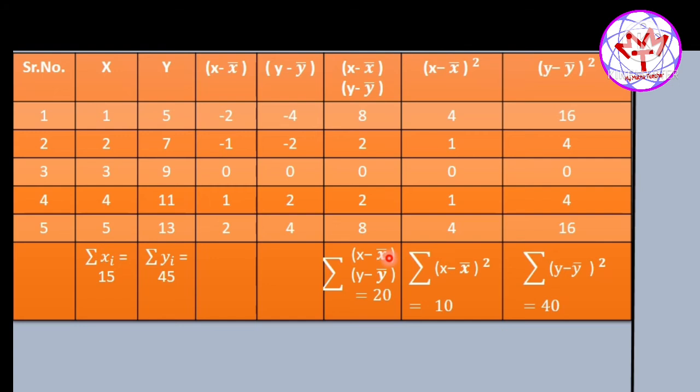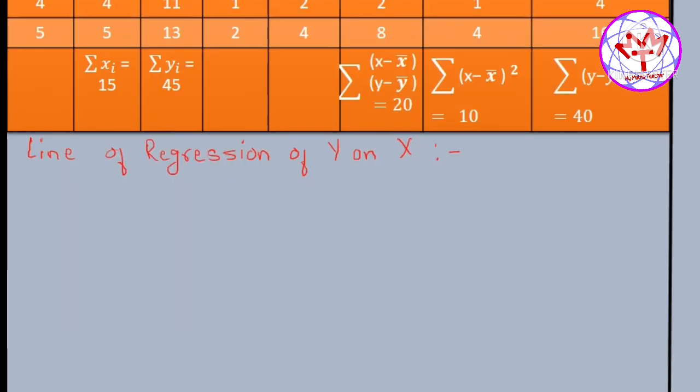So students, after completing this table, we have got summation x minus x bar into y minus y bar is equal to 20. Then summation x minus x bar the whole square is equal to 10. And summation y minus y bar the whole square is equal to 40. Now let us first calculate the line of regression of y on x. So first let us calculate byx.